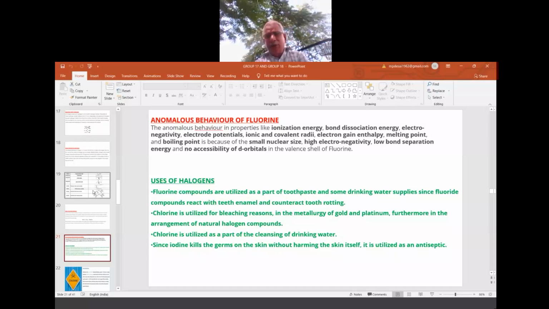For dressing, curing, or controlling bacterial growth on the skin when you have a wound, for all purposes related to skin, it is employed. So iodine is employed especially in the pharmacy industry.